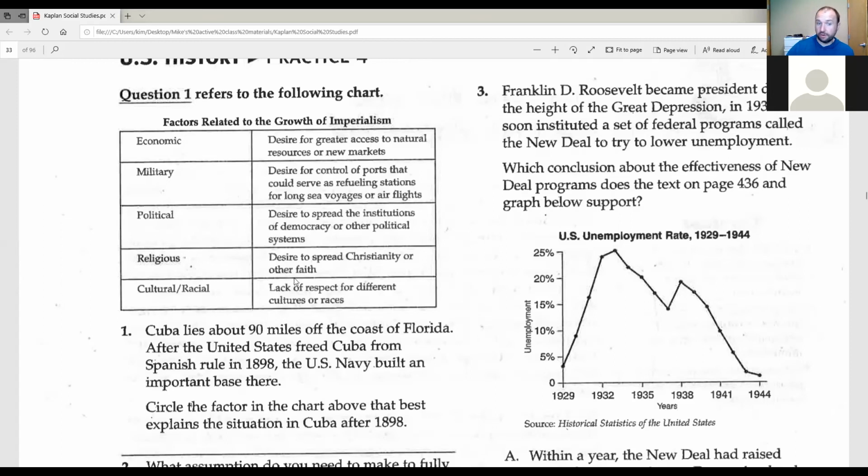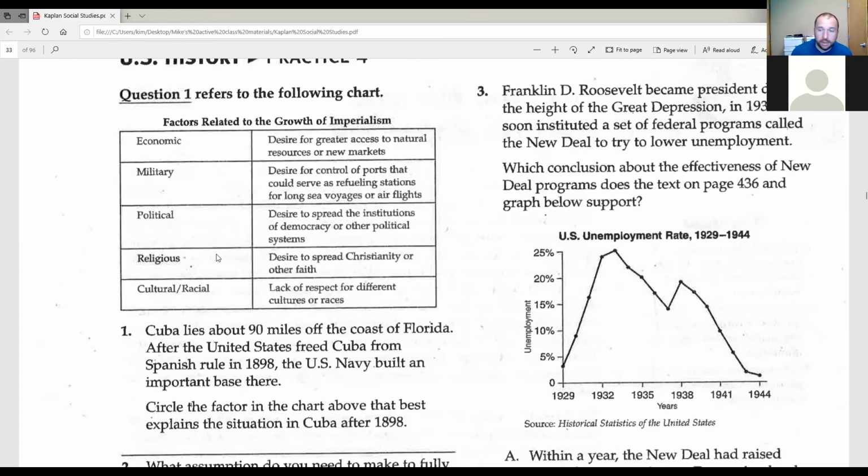Religiously, you don't see this so much anymore, but historically, a lot of imperialism goes back to spreading religion, spreading Christianity or whatever faith. You see a lot of countries trying to exert their control religiously.